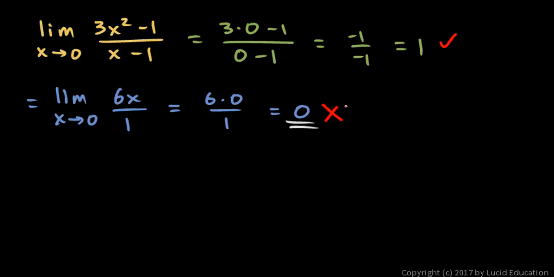And this one is correct. This is wrong. Applying L'Hopital's rule when you don't need to is typically a mistake. L'Hopital's rule, remember, applies to indeterminate forms, and this is not an indeterminate form at x equals 0. We can substitute the value 0 into that expression, so do that to get your answer. Don't apply L'Hopital's rule when you don't need to.